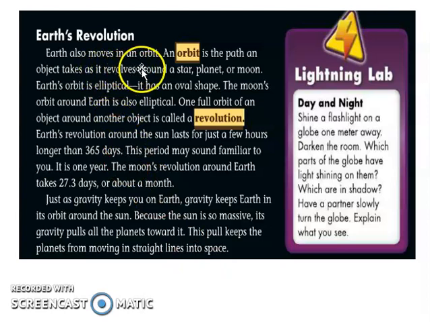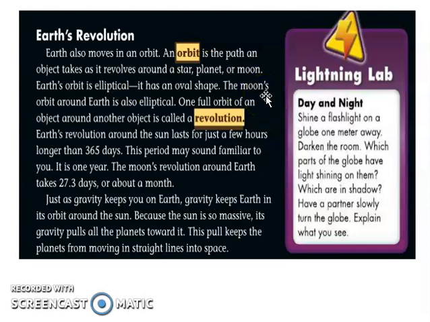Earth also moves in an orbit. An orbit is the path that an object takes as it revolves around stars, planets, and moons. Earth's orbit is elliptical. Elliptical is somehow like a combination of a circle and an oval shape.